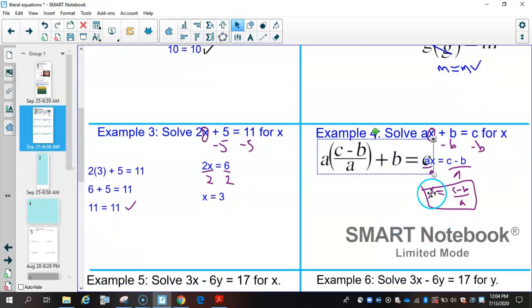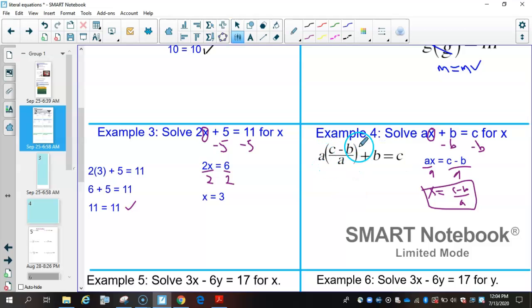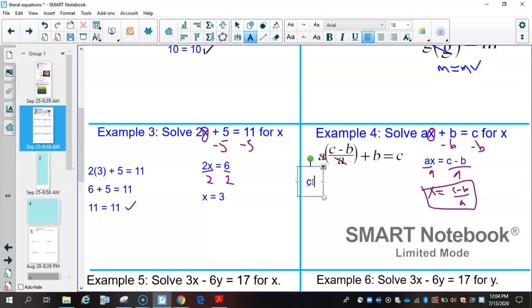Right, and then in solving for this, I'm going to deal with these parentheses first. So this a is outside of all of this, so this is really dividing this a and this a, so those will cancel, become 1. So I'd be left with c minus b plus b equals c.